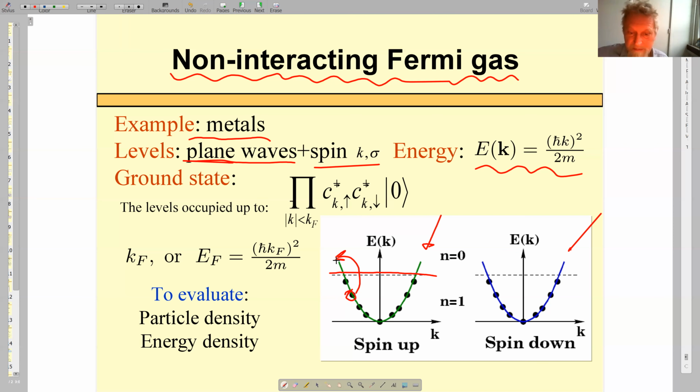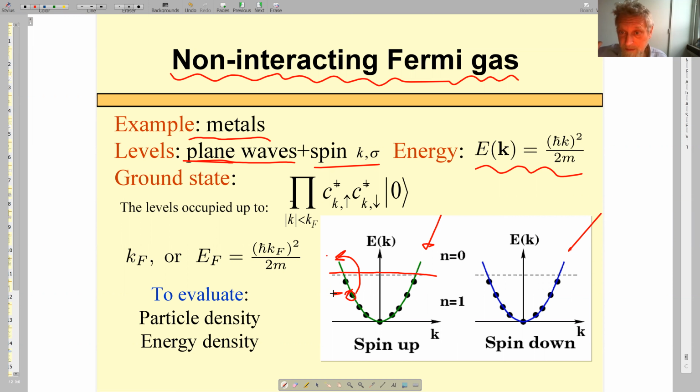But as you see, this energy is higher than this one. So we pay energy for this excitation. We go to something which is not the ground state, which proves that the initial guess was correct. The state with all levels below the Fermi energy filled and all levels above it empty is indeed the ground state.